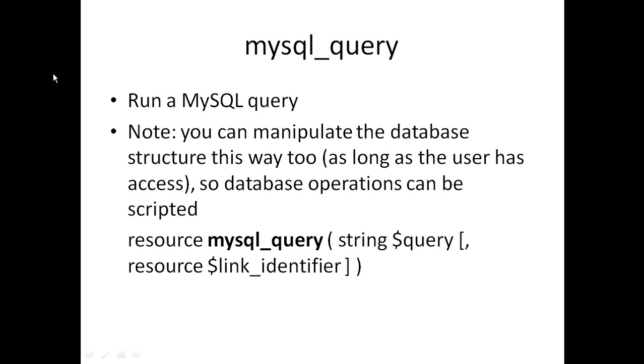So it returns a resource, and you pass it the query string, as well as optionally the link identifier, which is the MySQL connection. Keep in mind that when you do a select DB, you're literally selecting the database for that particular connection.